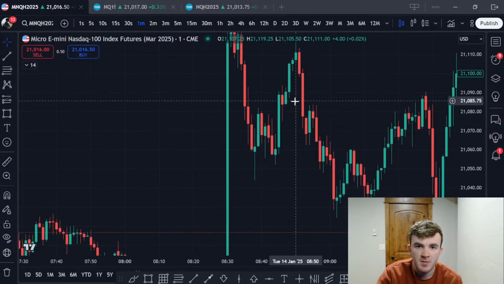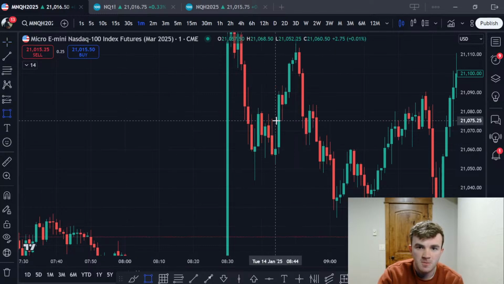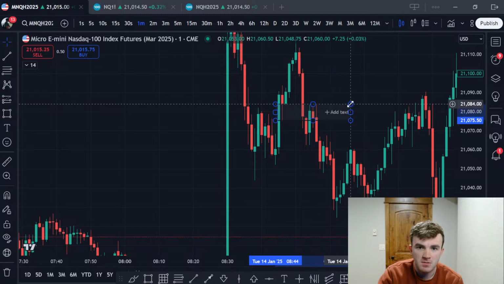Genuinely, if a breaker has a long wick, use the wick of the breaker. Like this.